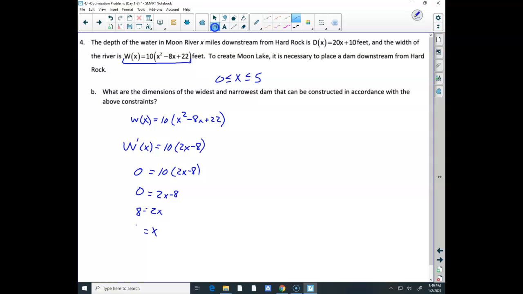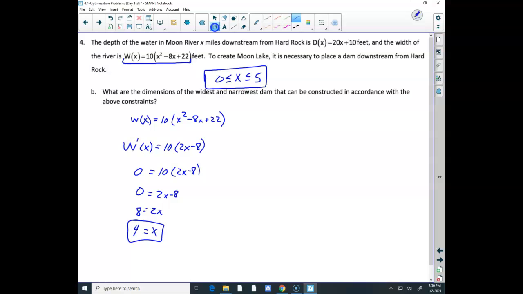So I'm looking at a critical value of 4 miles down the river. Well, if I want the dimensions of the widest and narrowest dam that can be constructed, I also have to remember I have to be within this constraint right here. I have to be between 0 to 5.